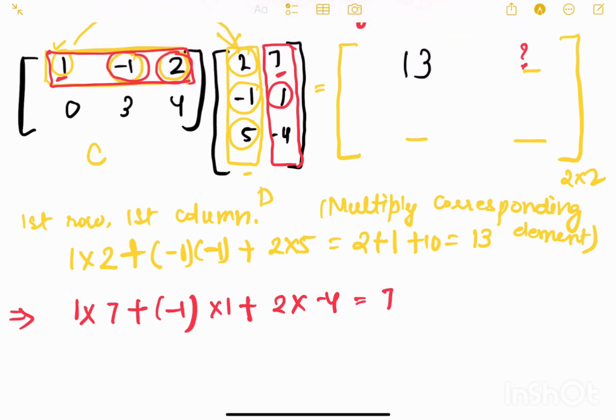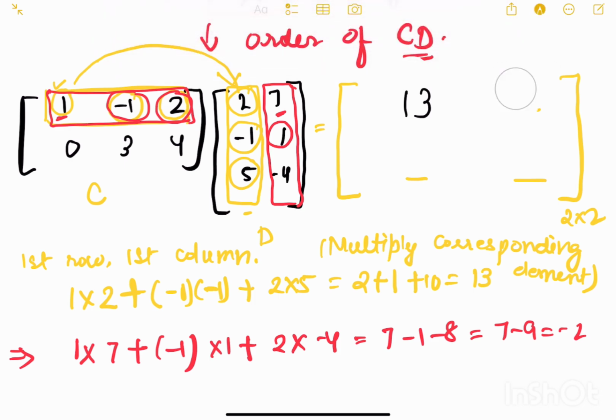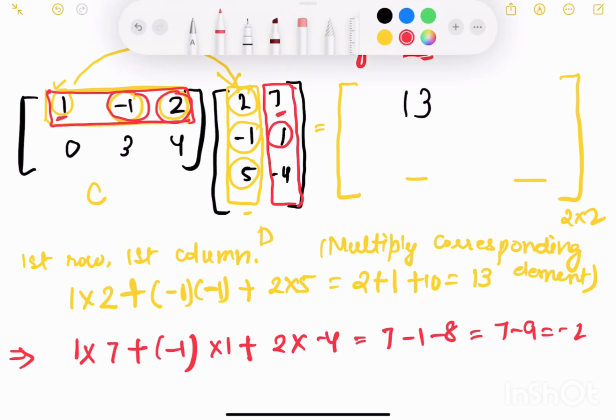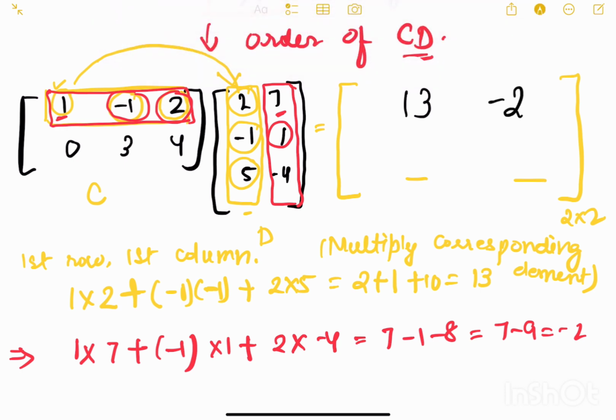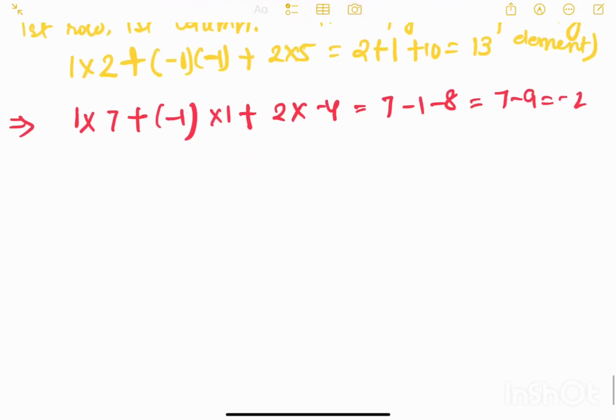So let us just solve this. This is minus of 2. Okay. So I will just write this value over here. So this is my minus 2. So we are done with the first row of my resultant matrix, in the product.